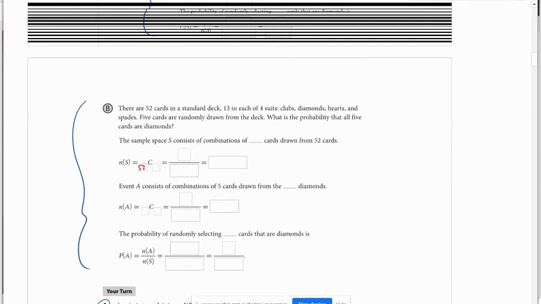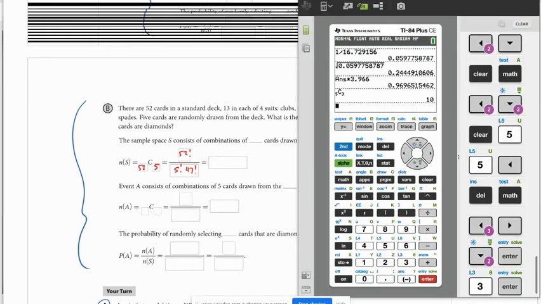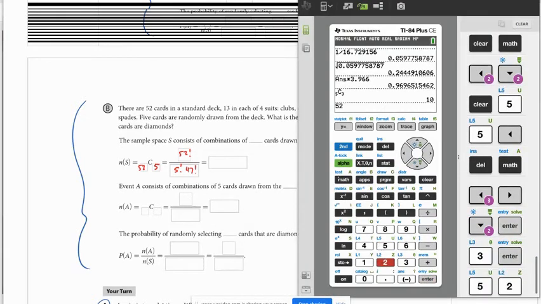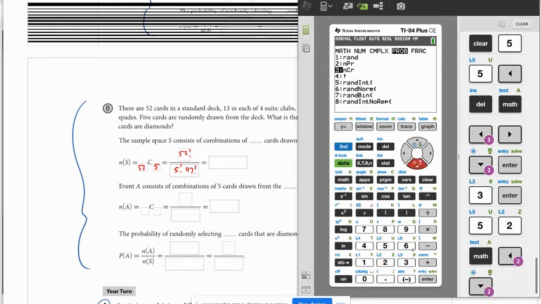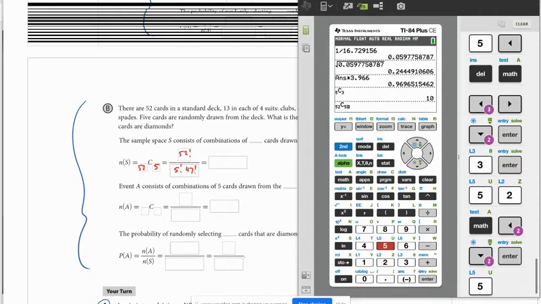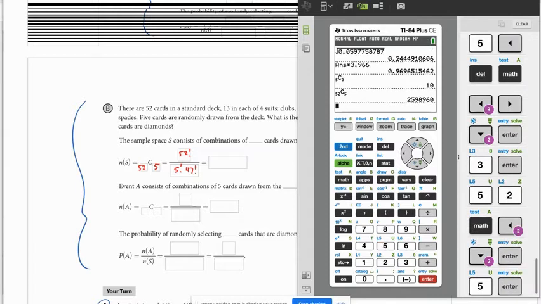We're going to choose 5 of them. And so that's 52 factorial over 5 factorial, 47 factorial. Or you can just use your calculator and do 52 choose 5.